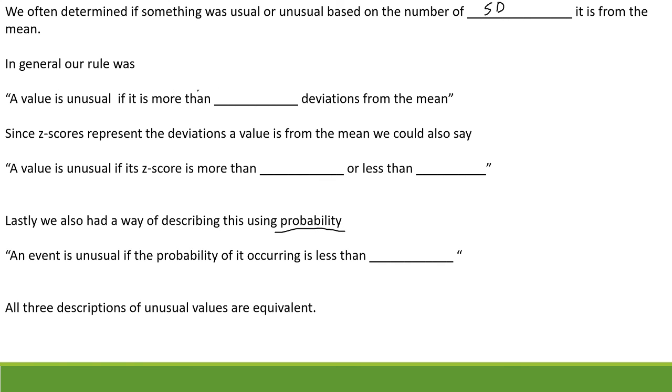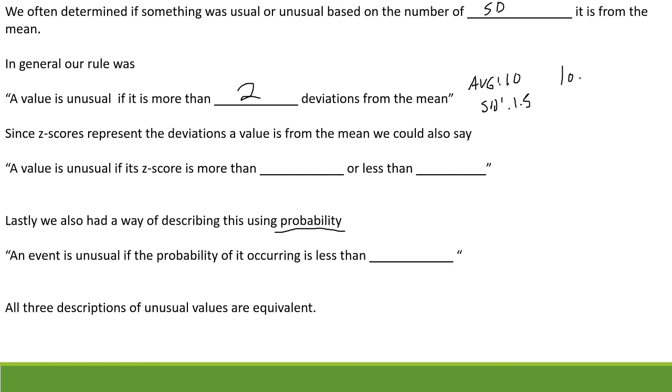A value is unusual if it is more than 2 deviations from the mean. So if you're more than 2 deviations above the mean or below the mean, you're considered unusual. So let's say my average was 10 and my standard deviation was 1.5.